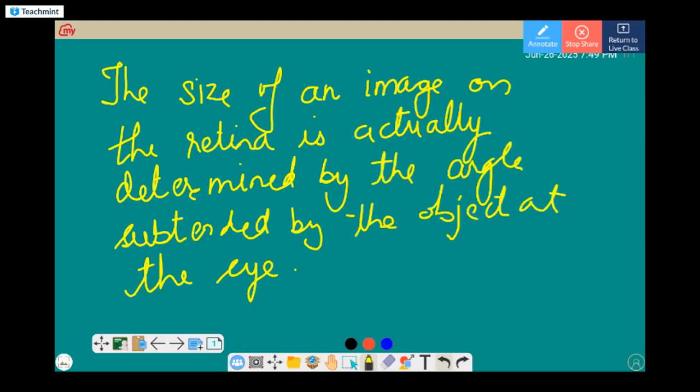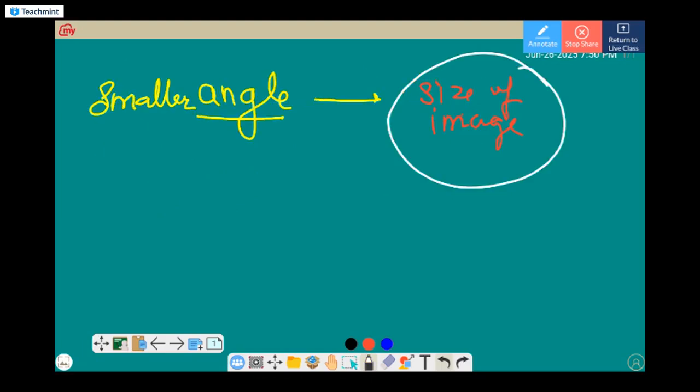Now, what is the condition for the normal situation? If at any time this angle subtended is less than, these conditions are important for MCQ purposes, if it is less than 1 minute, 1 minute here is something related to your radians and degree value. This is the way we represent minute. See, one mark is degree, a dash is minute, and a double dash is second.